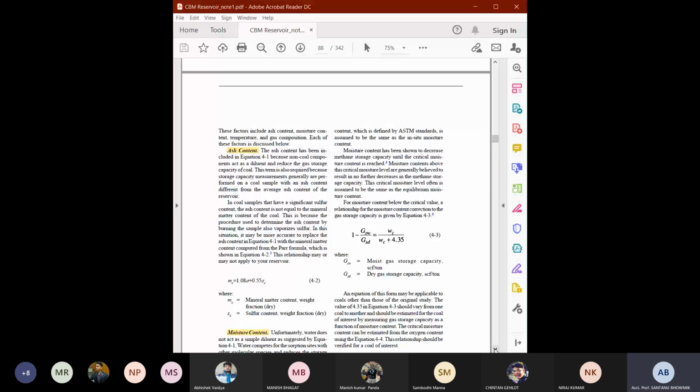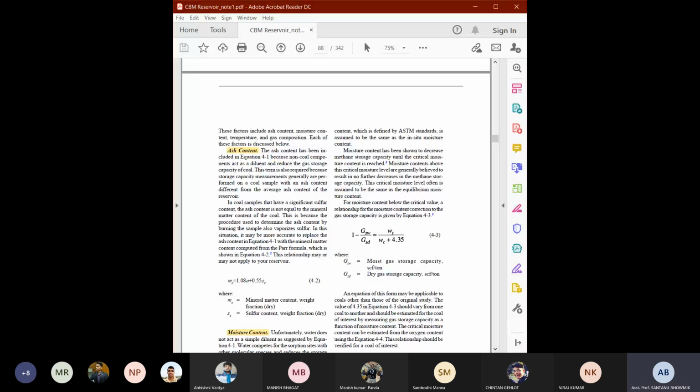But if the percentage of the carbonaceous matter in the coal is very less, then obviously the gas storage capacity will also be very less. Okay. So what does it mean? Suppose there is a 100 cc volume and the ash percentage is going to increase from 20% to 40%. So what will happen in that case?